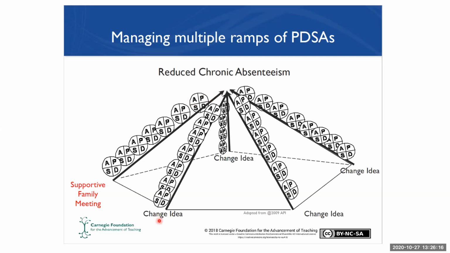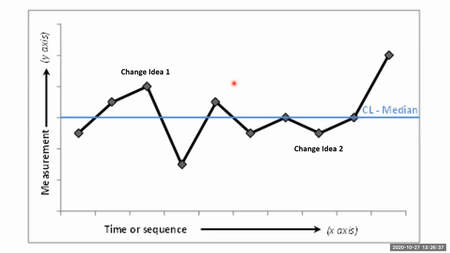And then they moved on to another change idea. And they PDSA'd that and iterated it as many times as they needed to, and another change idea and another change idea, with the hope of getting to a set of ideas that are going to reduce chronic absenteeism when put together, or what we often refer to as a bundle of change ideas.